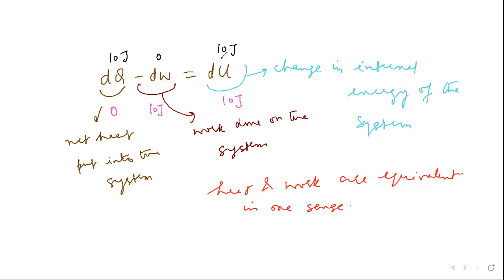That means for a given increase in internal energy, I have to either put the same amount of heat into the system or the same amount of work I have to do on the system. So in increasing internal energy of the system, heat or work, these two options are equivalent, right?